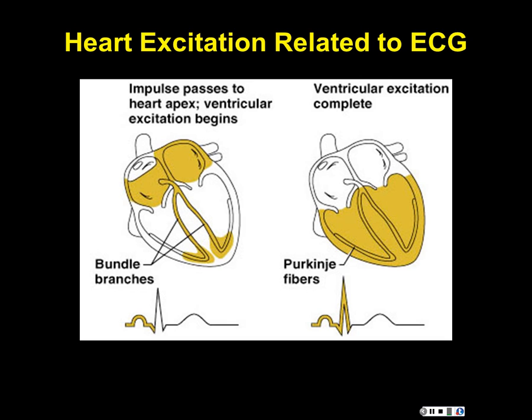Not much later, we do get full repolarization of the atria, excuse me. The atria completely repolarize and enter into diastole. And then very soon, electrically, the ventricles will depolarize and enter into systole.